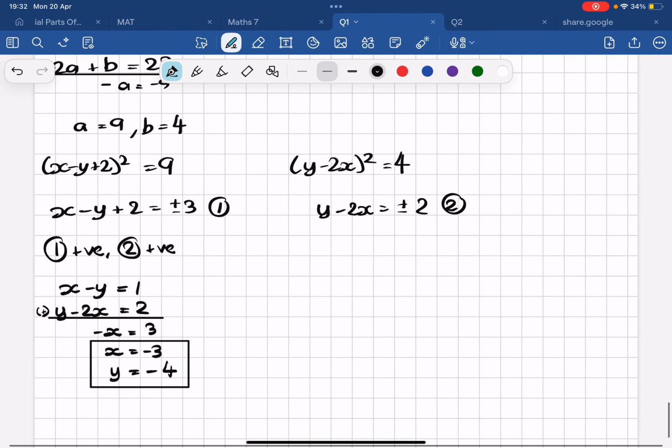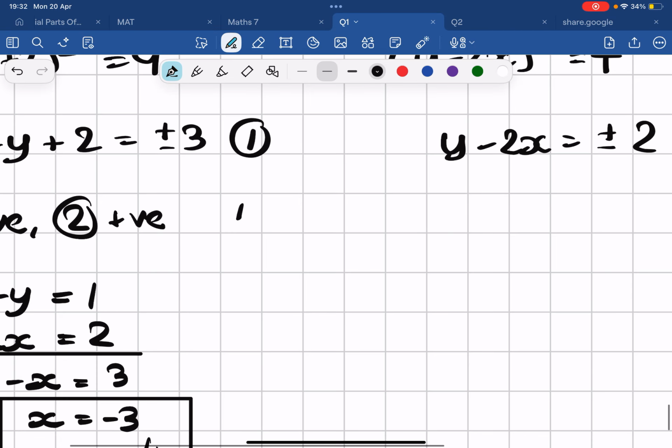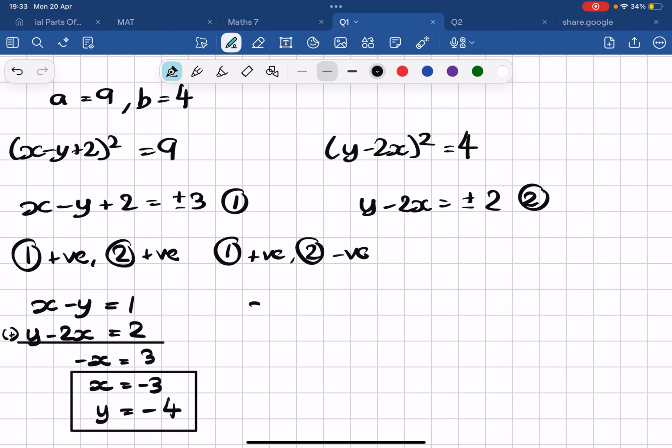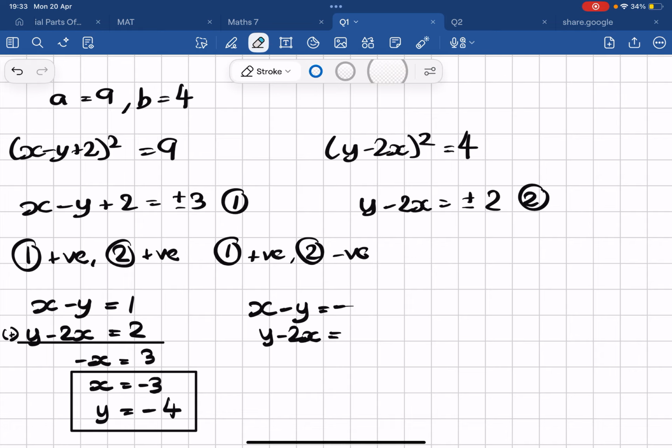Got 3 more cases to deal with, so let's take a case where the first equation is positive and our second is negative. It should be easy. Actually, what have I done there? No, sorry, x minus y equals 1, y minus 2x equals negative 2.